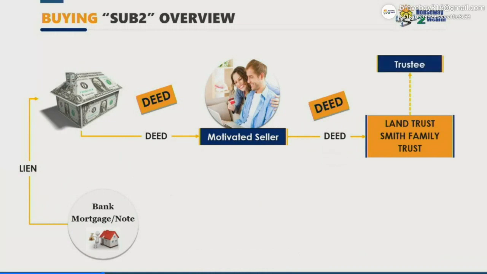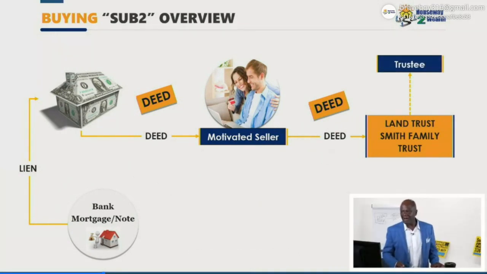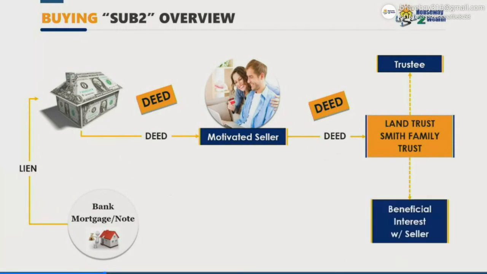So they deed the property to their trust, but you're going to appoint the trustee. You're the one that had all this documentation prepared, and we're calling it the Smith Family Trust for the most part, and you have your trustee appointed. And basically what you're doing is you're going to have them actually assign their beneficial interests to you.